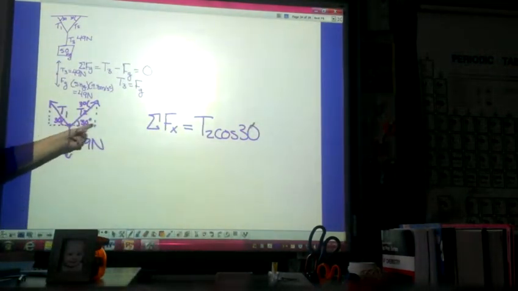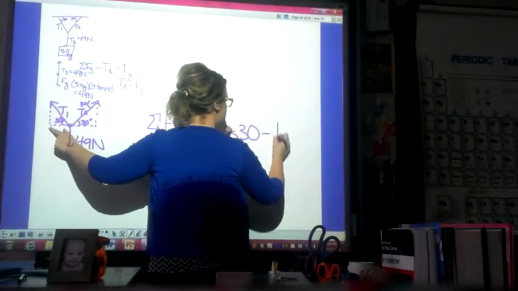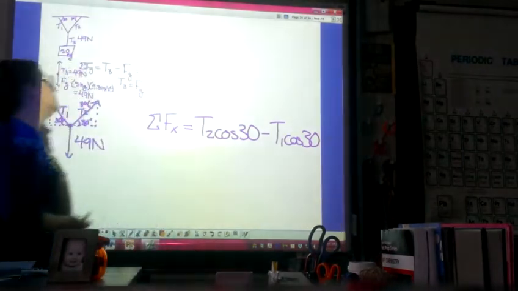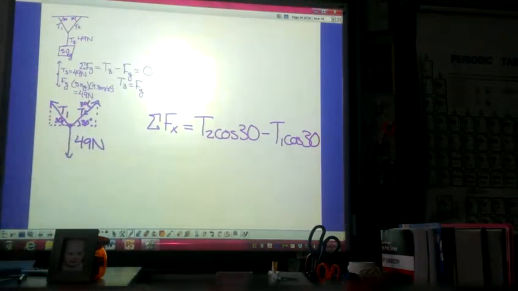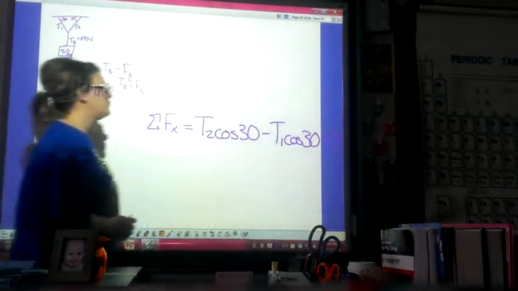That would be here. And then I'm going to subtract that from T1 cosine 30, since that's in the negative x. So minus T1 cosine 30. And again, these are my only x components, and this is at rest, it's at equilibrium. So this should be set equal to 0.